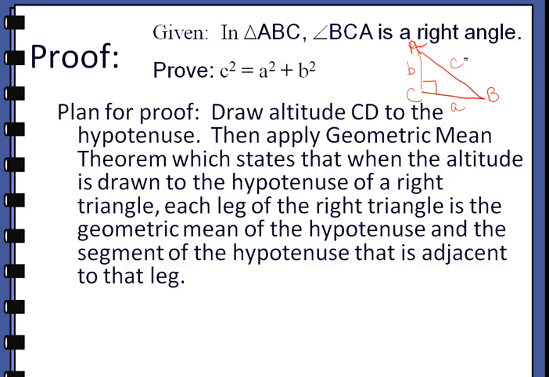My hint is that you should draw an altitude from here to here, all right? Call this point D. You should draw an altitude there and then use the geometric mean theorem.